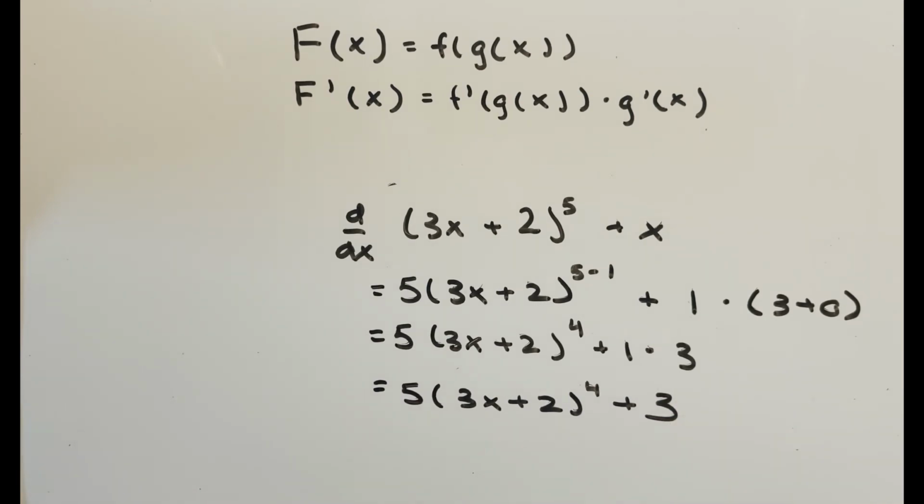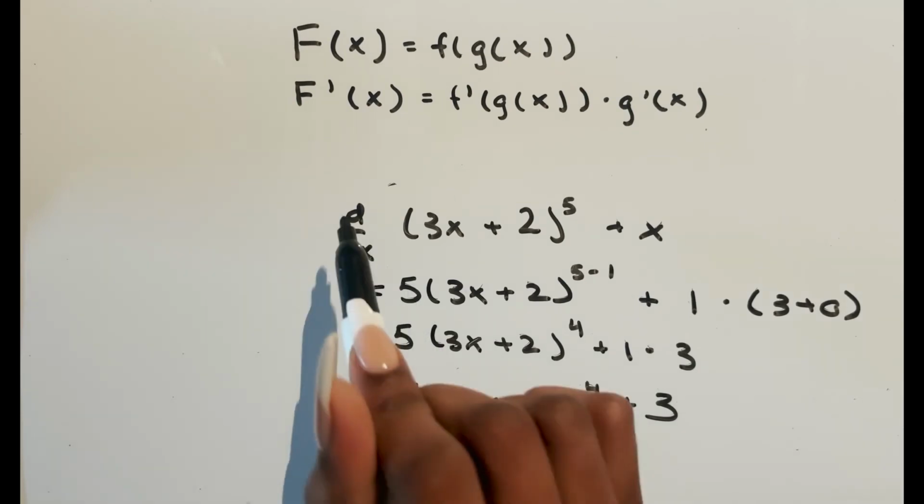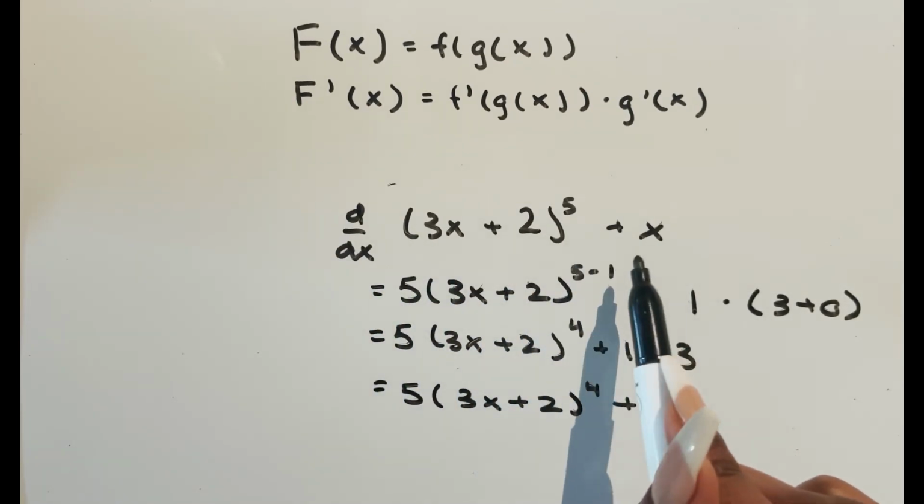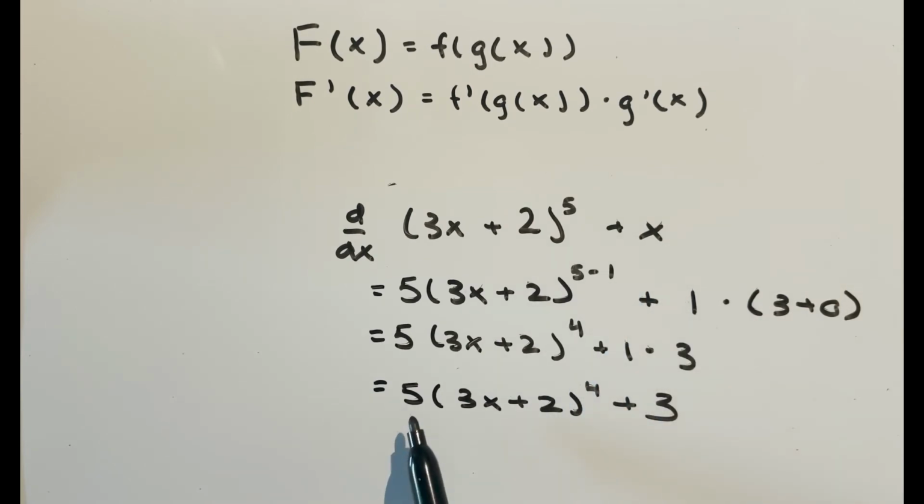Now this here is our final answer. So we see that the derivative of (3x plus 2) raised to 5 plus x equals 5 times (3x plus 2) raised to 4 plus 3.